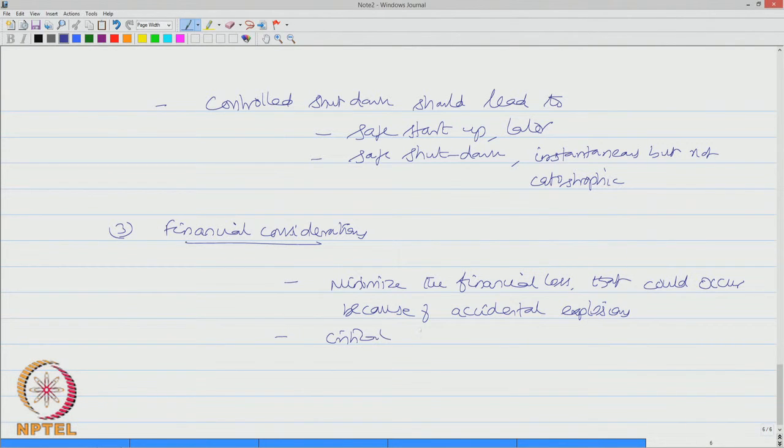Critical facilities, equipment and their investments should be protected from any damage.